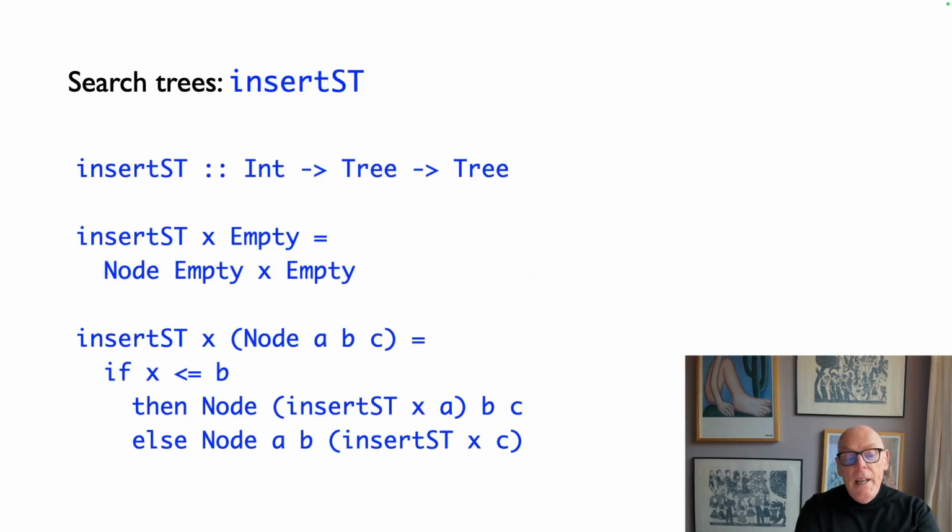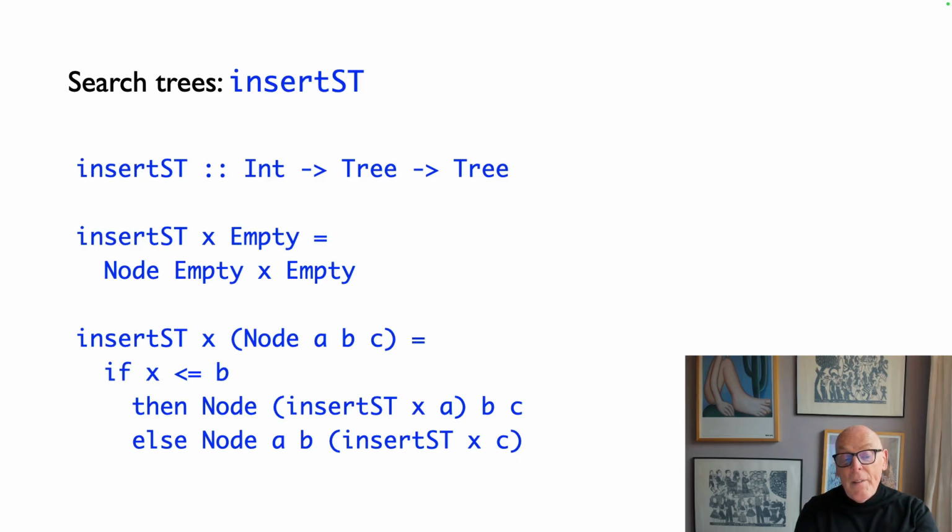What I'm defining here is how you insert an element into a search tree. Now, there are two cases. The first is that the tree is empty, in which case we create a new node which has that value x as the value in the node and 2 empty subtrees.